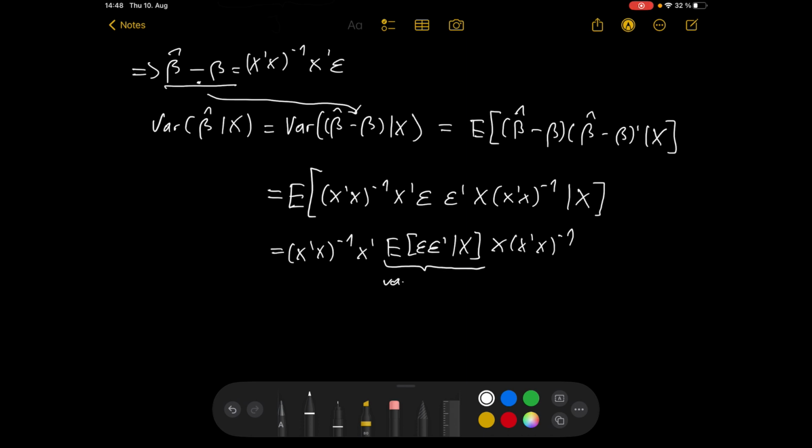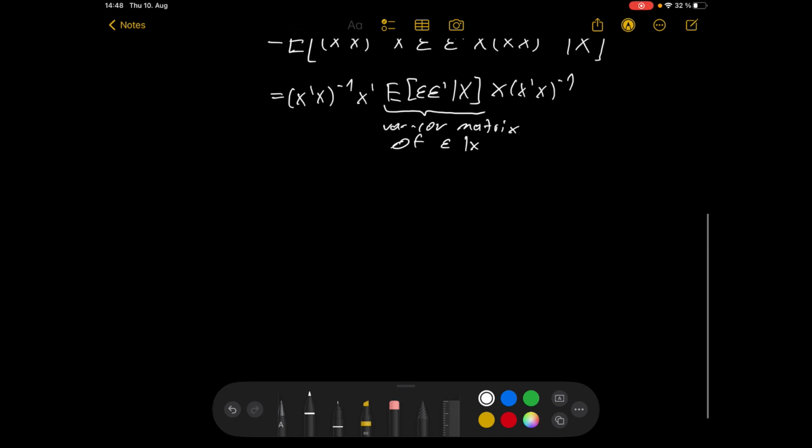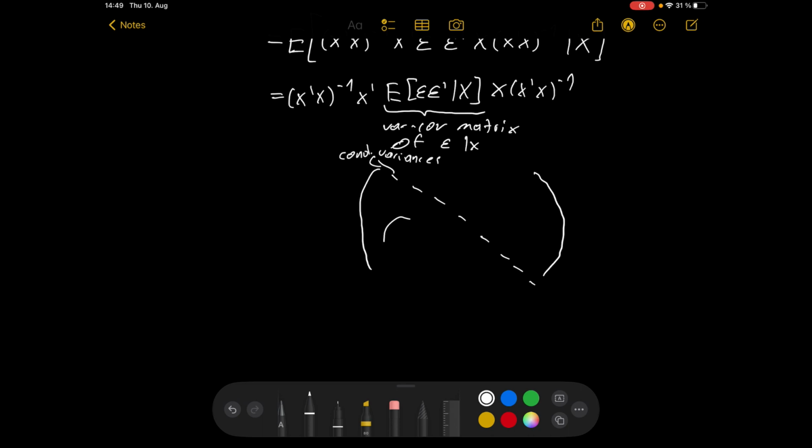Now this is the covariance matrix of epsilon conditional on x. So essentially, along the diagonal, how does it look? We've got a big matrix, and here we've got entries on the diagonal. Those are the conditional variances, and we've got off-diagonal entries.